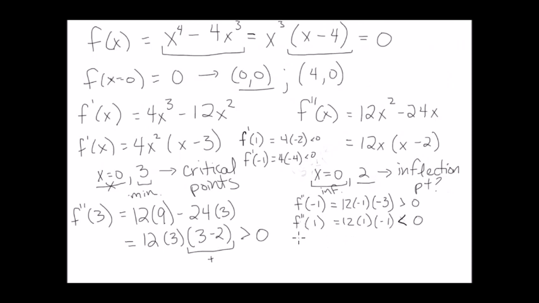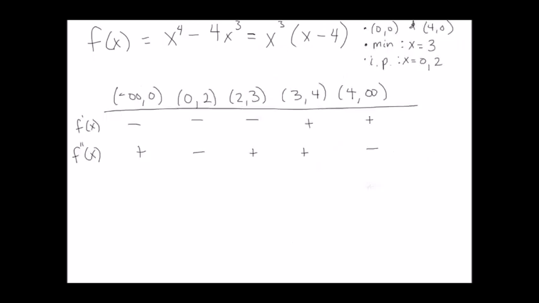So now I'm just going to check something to the right of that. I will choose the value of the second derivative when x equals 3. So I have 12 times 3 minus 2 is positive, and that is going to be greater than 0. So this is also an inflection point because the sign of the second derivative changes from one side to the next.